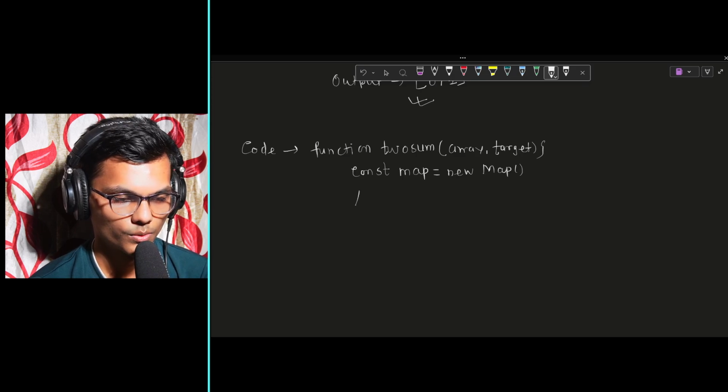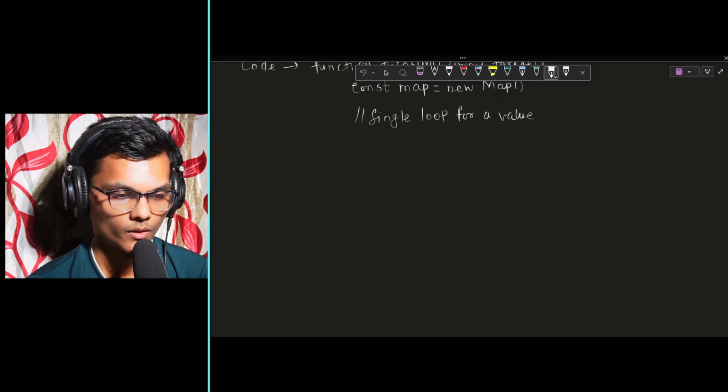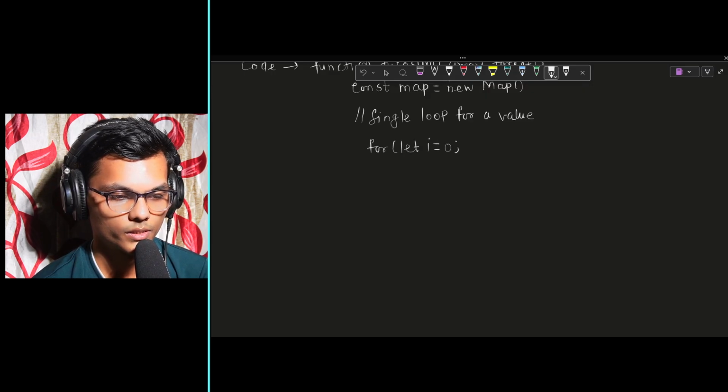Then we'll have a single loop for a value. This is how this loop will work. We'll start from 0 and we'll go till the end.